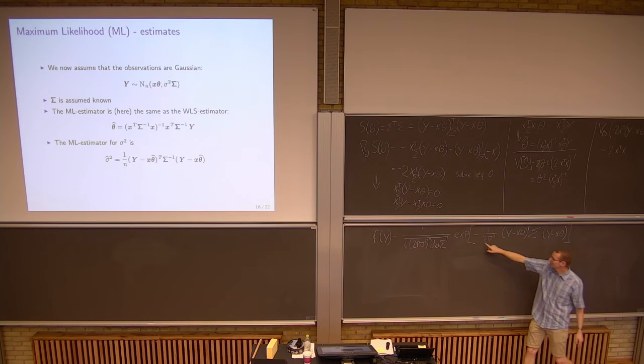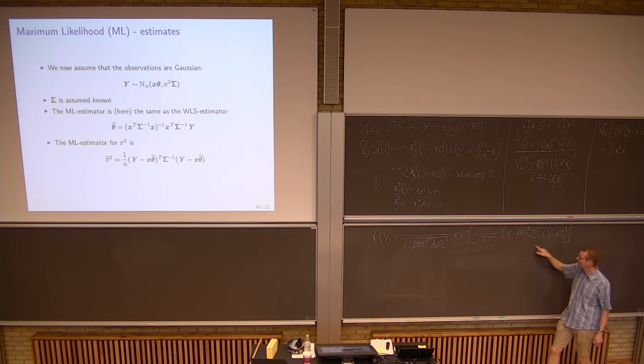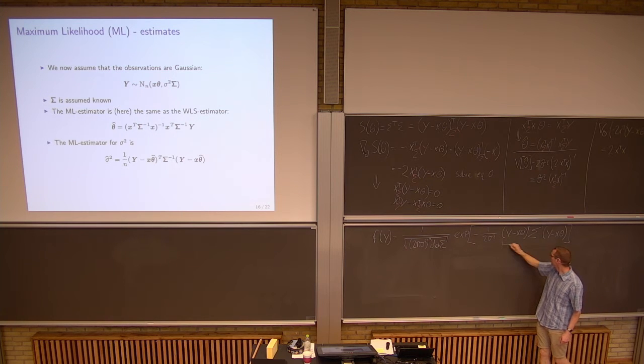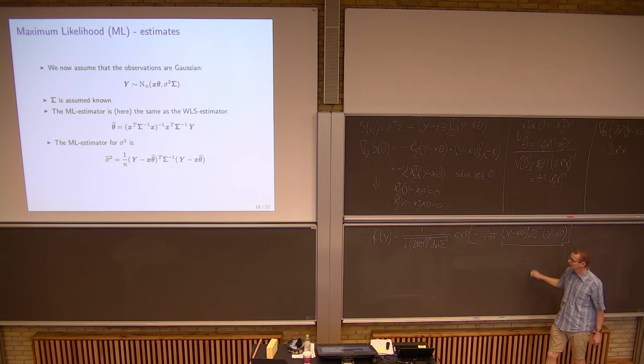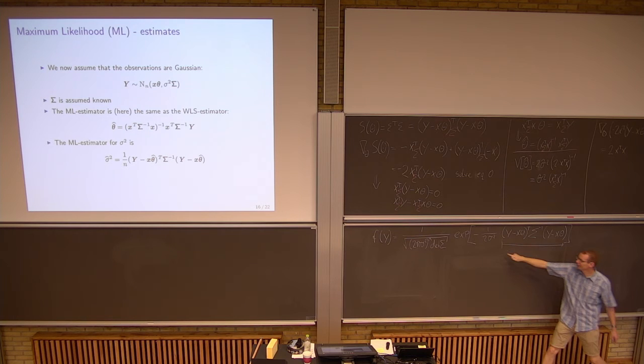So that means we have a minus in here for the exponential of minus something. It's a monotone function of this. So we want to minimize. So maximizing the density equals minimizing what is in here, because of the minus sign there.